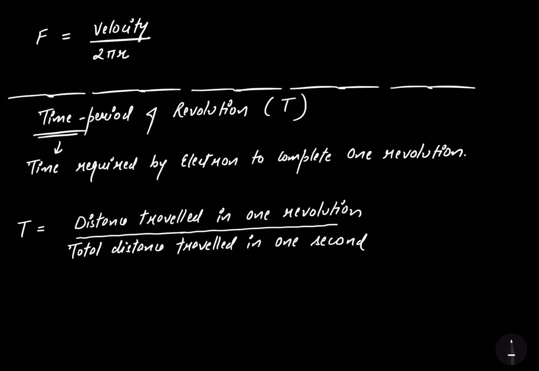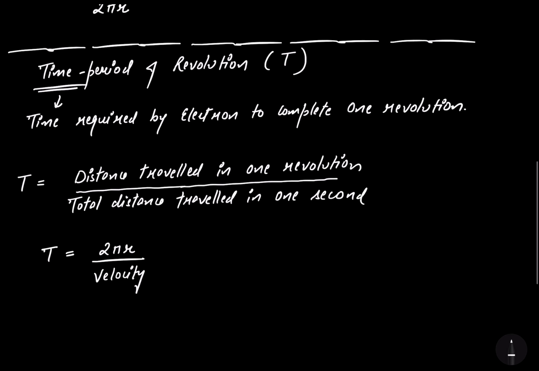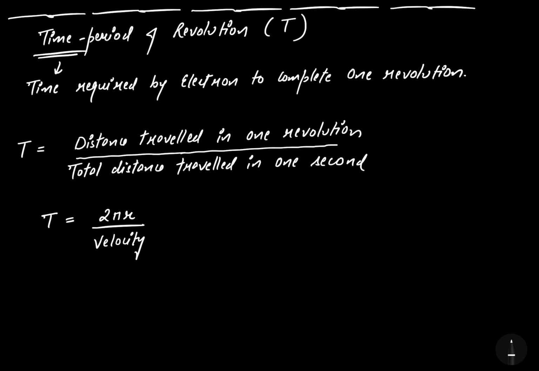So the capital T comes out to be, distance traveled in one revolution, obviously circumference of orbit, 2 pi r, divided by total distance traveled in 1 second, which is the velocity of the electron. So now time period is 2 pi r divided by velocity.